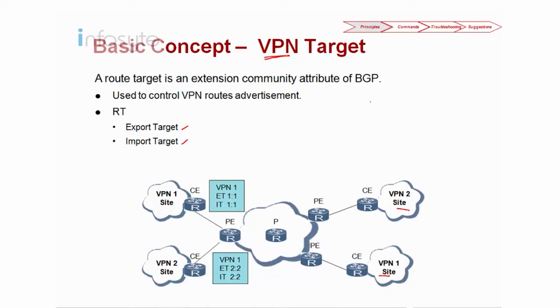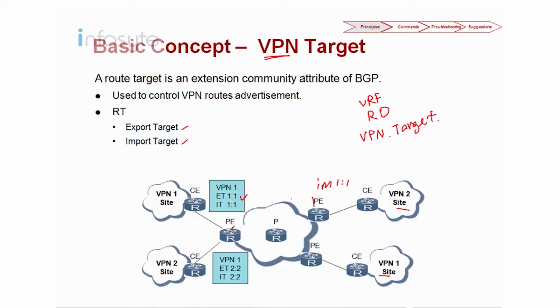I mentioned just now we have the VRF RD, and now the VPN target. The VPN target is for the PE to tell that whatever route I export, the PE on the other side needs to import. One export, one import. So in this case, I need to import 1:1 over here. So this is very important.